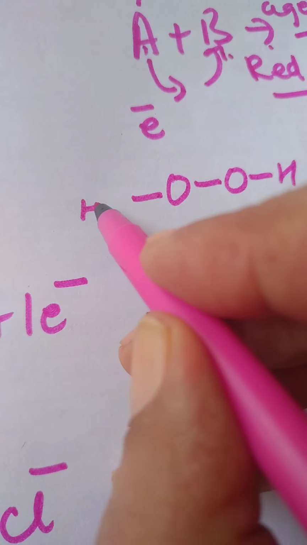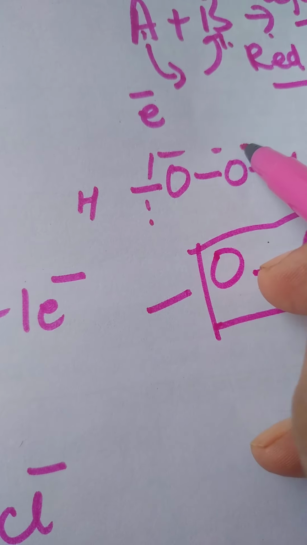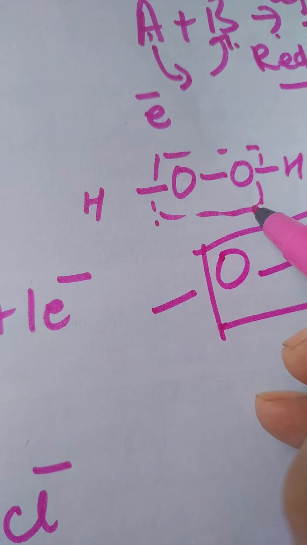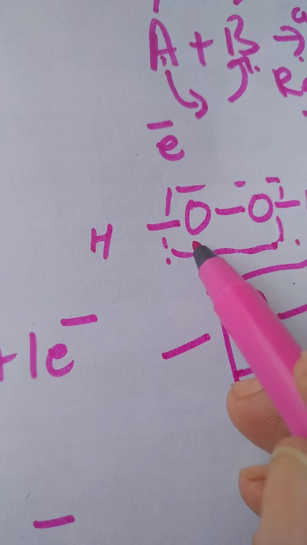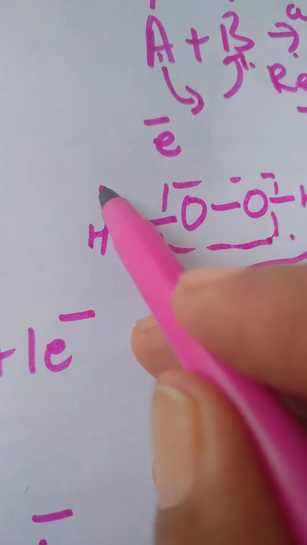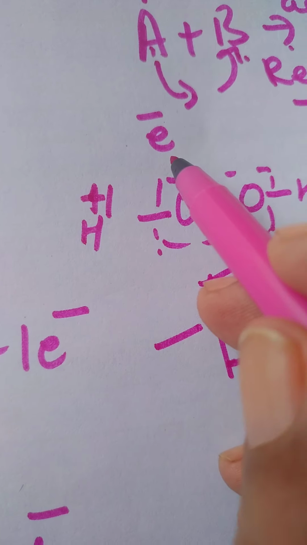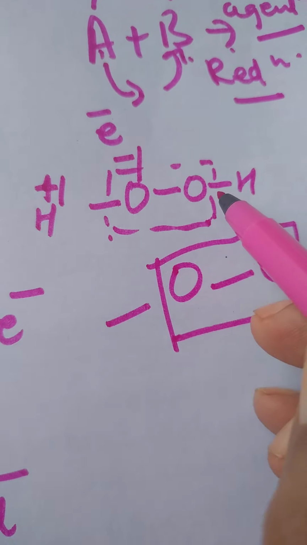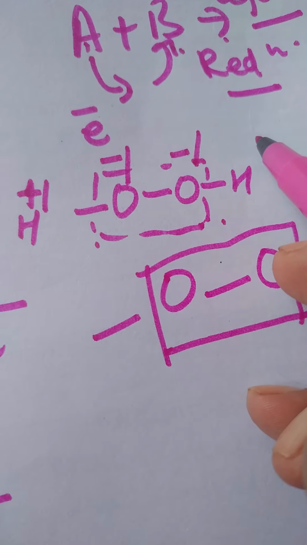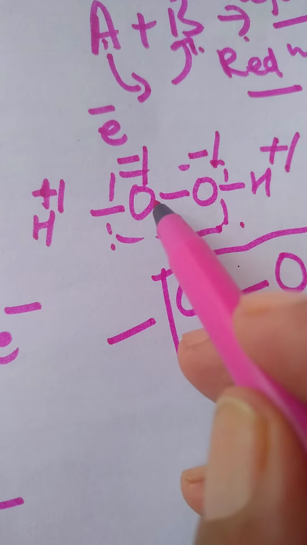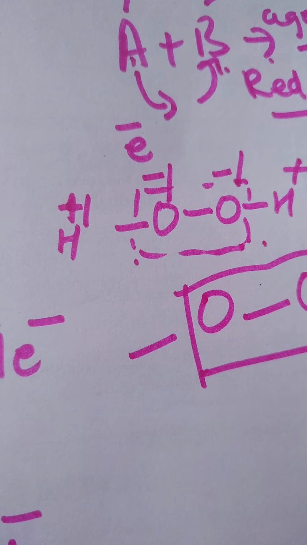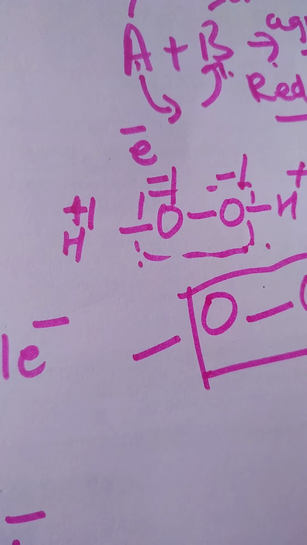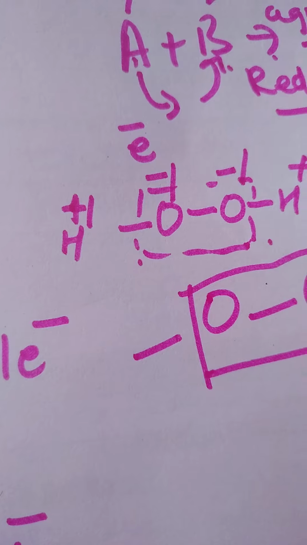As we know, the hydrogen and oxygen bond is polar. Hydrogen will have +1 charge and oxygen will have -1. Here also oxygen will have -1 and +1, but here the polarity is 0, so there will be no charge due to the oxygen-oxygen bond. So in peroxides it is -1.